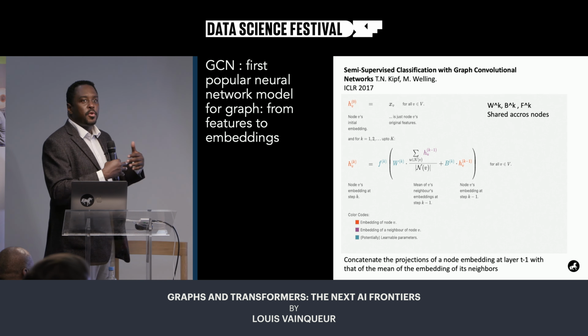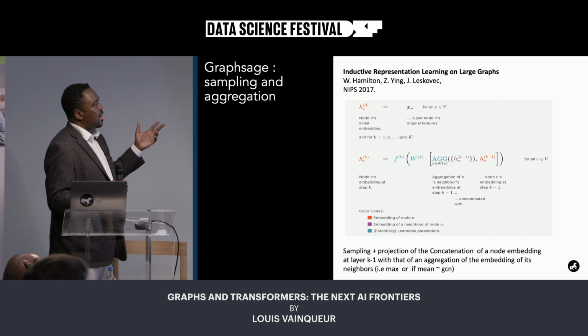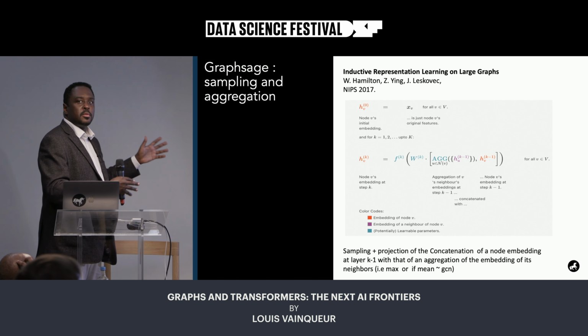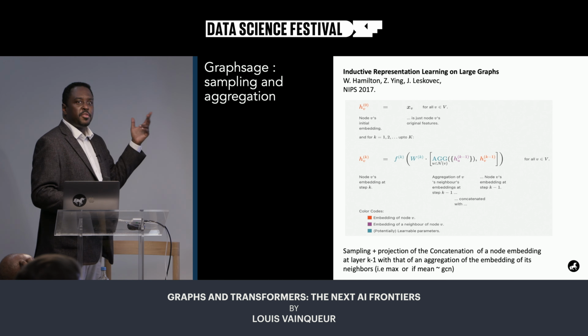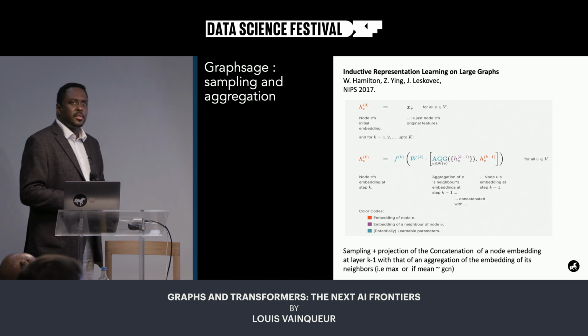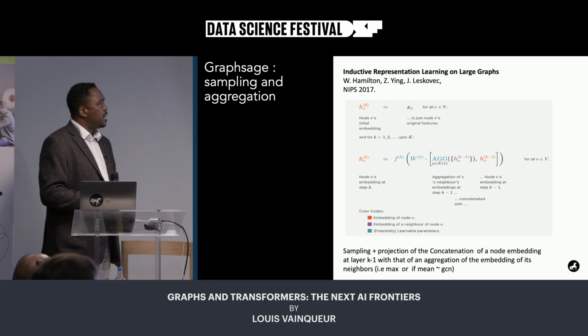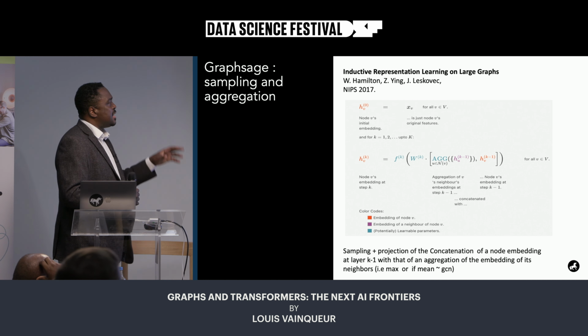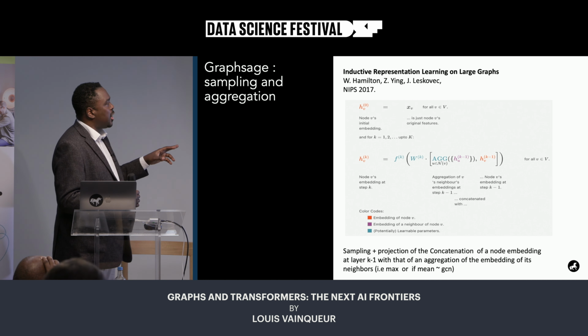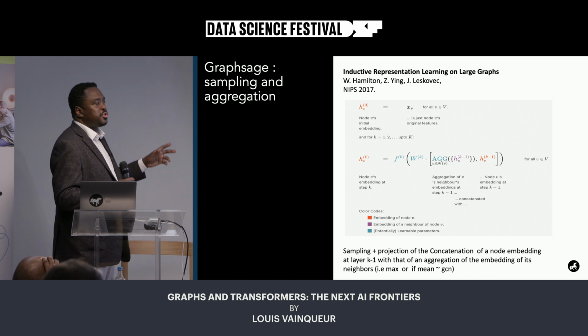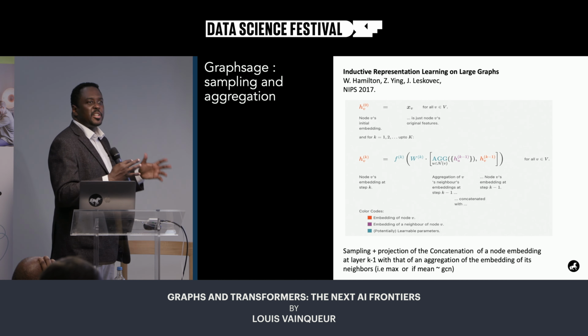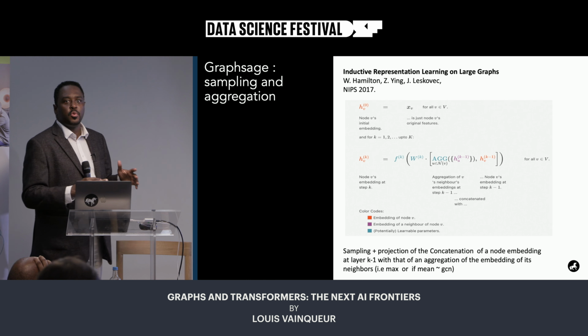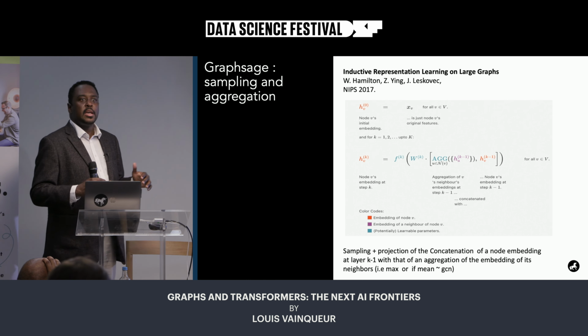The second one was by Leskovec, who is one of the experts that has been very vocal about graphs even before GNNs, and who is, I think, a chief scientist at Pinterest. In that case, first we do some sampling. It was particularly focused on very large graphs, where you may have issues in terms of the number of computations.